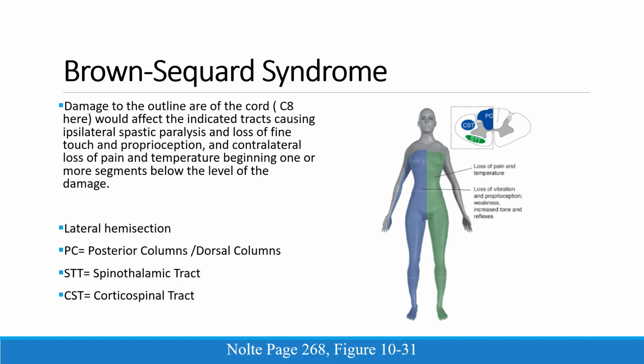So it's going to go out to the muscles. Yes, corticospinal tract. Good job. And loss of fine touch and proprioception, and contralateral loss of pain and temperature. So fine touch, proprioception: yes, dorsal columns. Touch, pain, temperature: spinothalamic. Excellent.